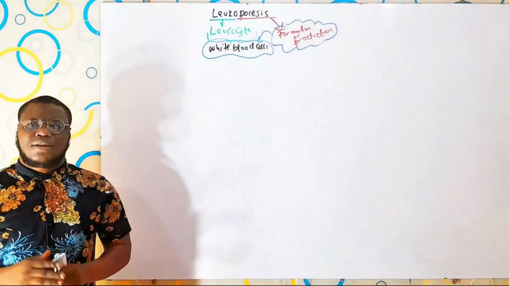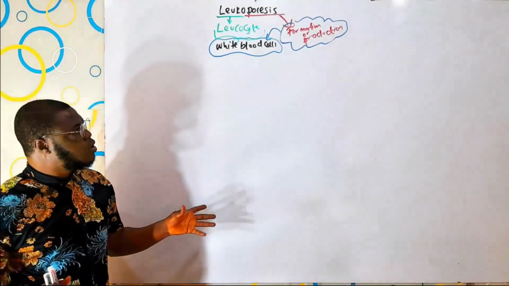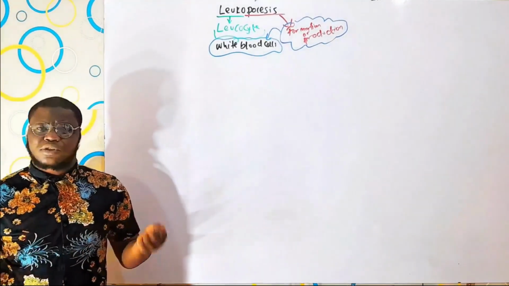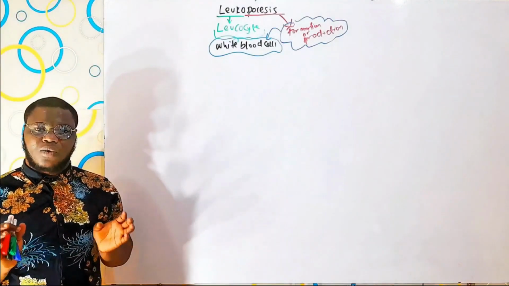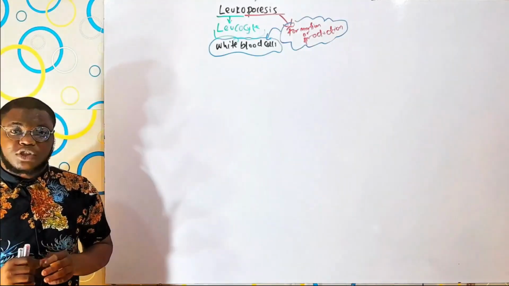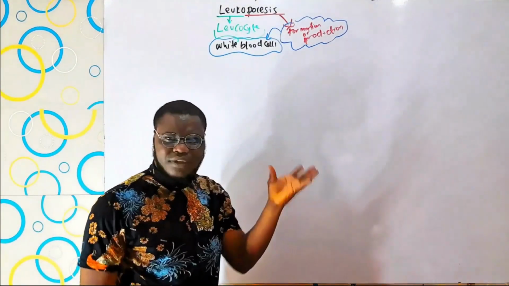Now, if you want to understand leucopoiesis, we said it is the formation of white blood cells. The question is, what is a white blood cell itself? I assume you've known that before, but for a quick recap, white blood cell is actually a part of the blood.